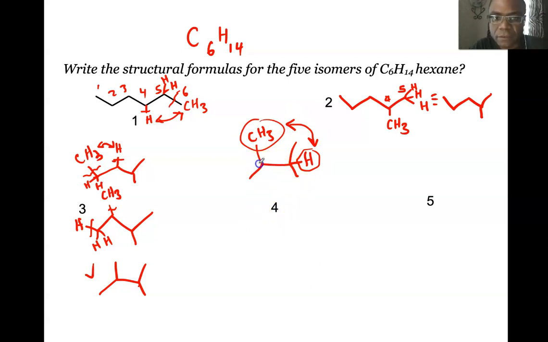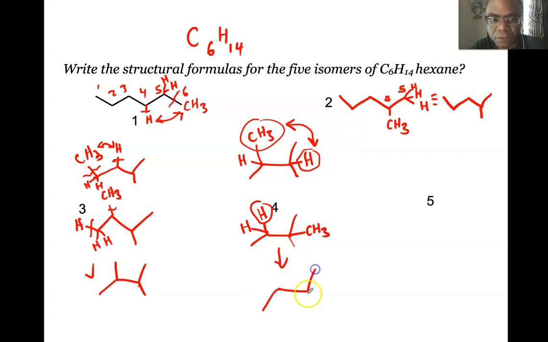Doing that, we're going to end up with this structure. So the hydrogen that was moved will be there. This hydrogen was originally there. And then the methyl goes in between these 2 methyls. So without showing the hydrogens, this will be the structure with what looks like a butyl group. Okay, that's the 4th isomer.